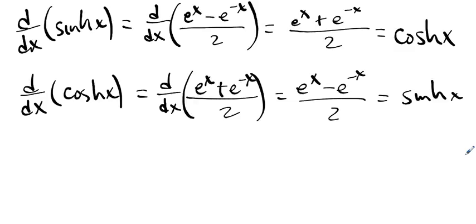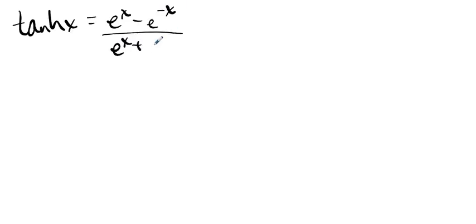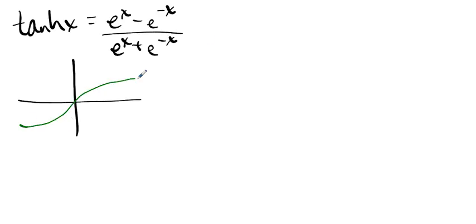You may also be curious to know that there is a hyperbolic tangent function. And the hyperbolic tangent function is exactly what you would think it is. It's sinh over cosh. And if you do sinh over cosh, you get something that looks like this, with asymptotes at 1 and -1.